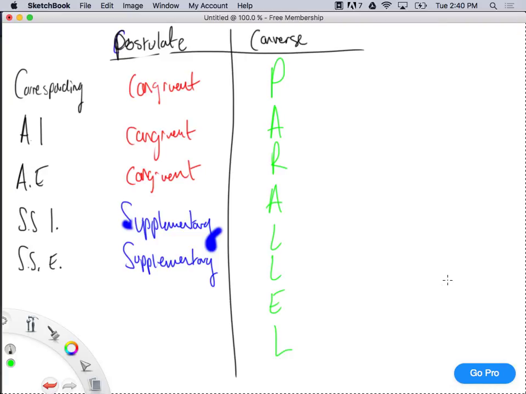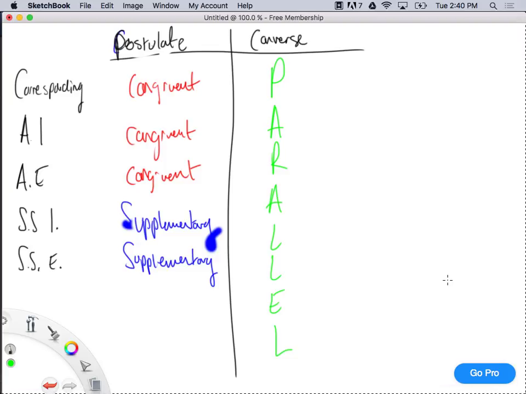Do you understand that? All the converses basically are just telling you that the lines are parallel. The postulate says these angles are congruent, these angles are supplementary, but those are all dependent upon the lines being parallel. The converse says if these two angles are congruent, then the lines are parallel.